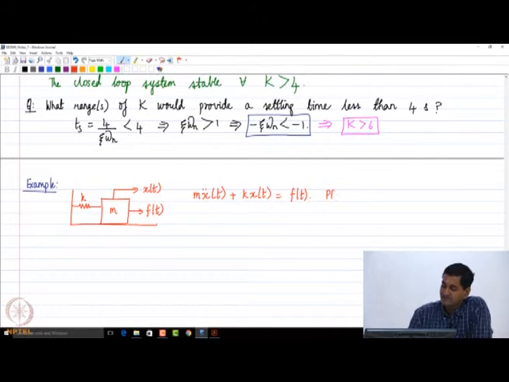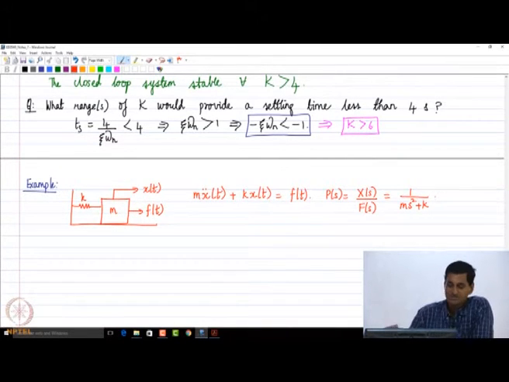The plant transfer function is going to be x of s divided by f of s, which is 1 divided by m s squared plus k. These are things which we already know. So, just for simplicity, let m be 1 kilogram and k be 1 Newton per meter.